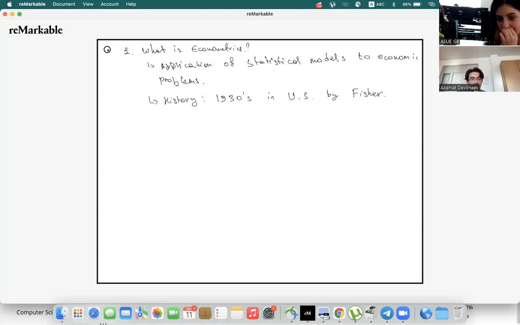These guys created this American econometric society, where they started to measure some economic models.